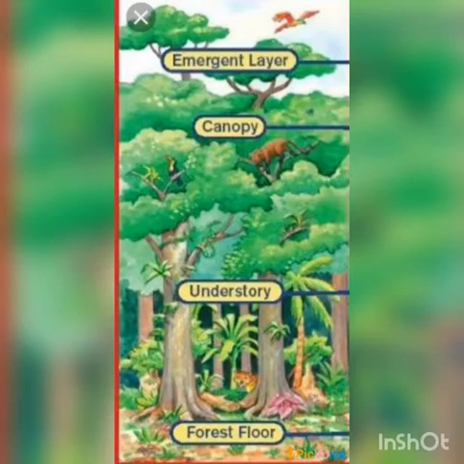Starting from the ground level and moving up, the main layers of all types of forest are the forest floor, the understory, and the canopy. In tropical rainforest, there exists another layer known as the emergent layer. That means there are three main layers: forest floor, understory, and canopy.